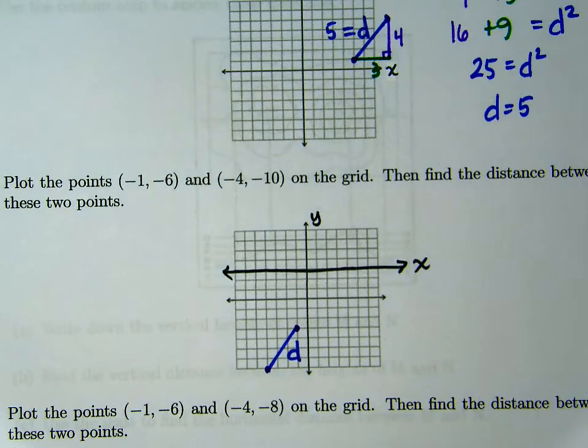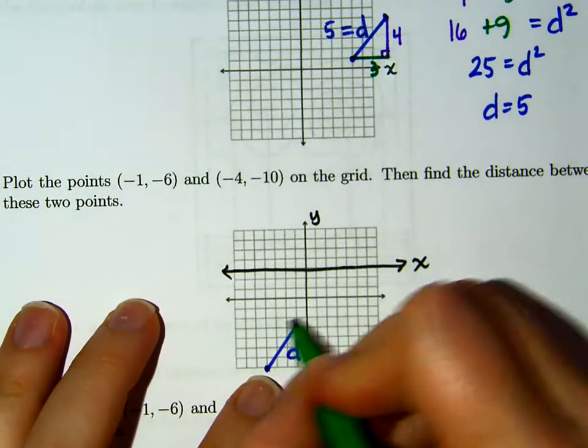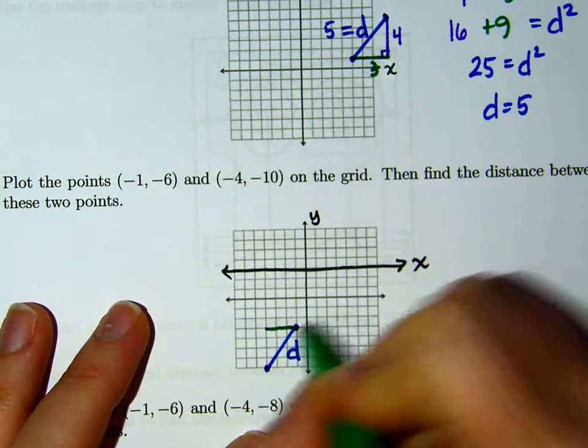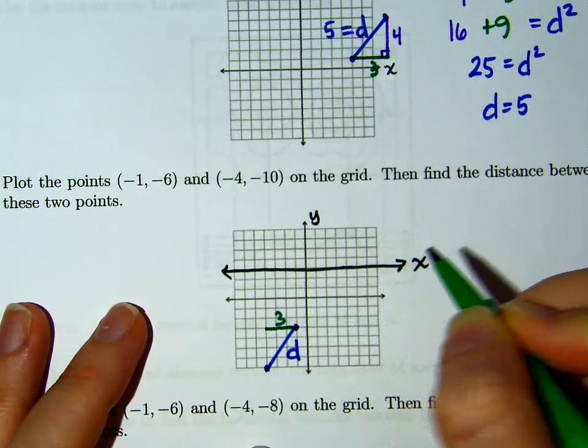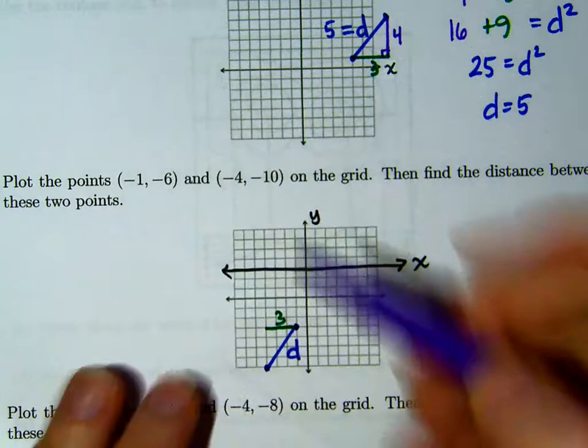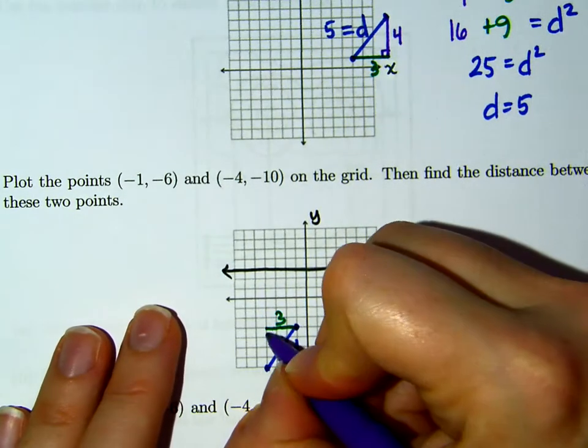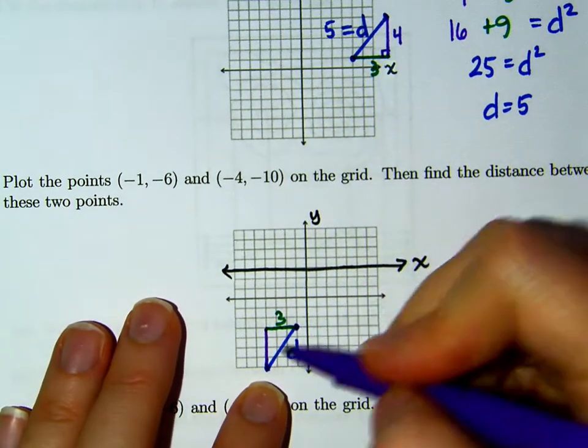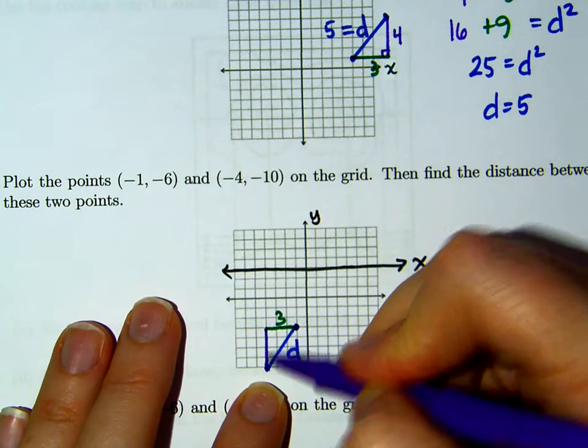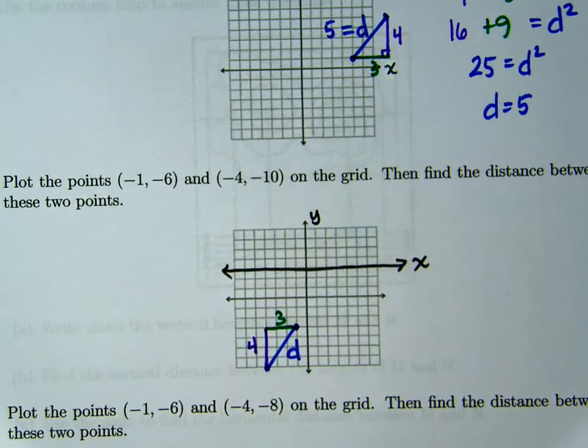Here we go again. I see that I can create a right triangle. Here's the base. That is 1, 2, 3 units long. I see that I can create a vertical here. Draw that in, and that is 1, 2, 3, 4 units tall.